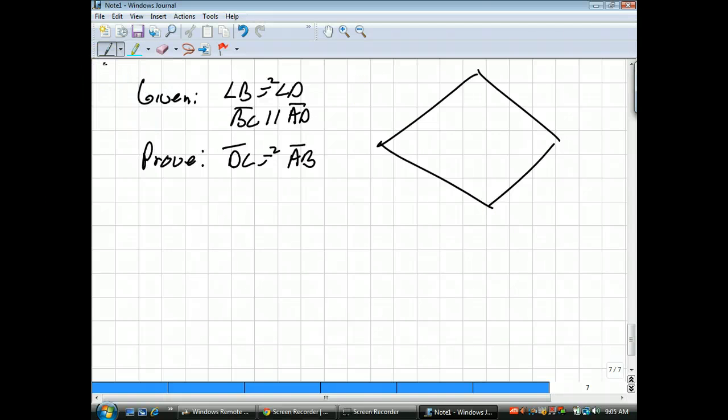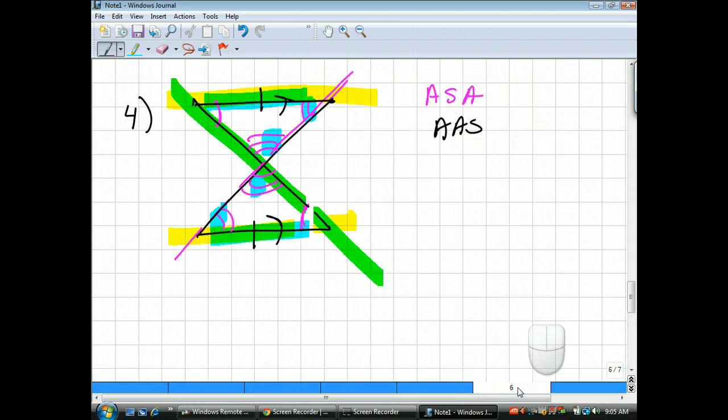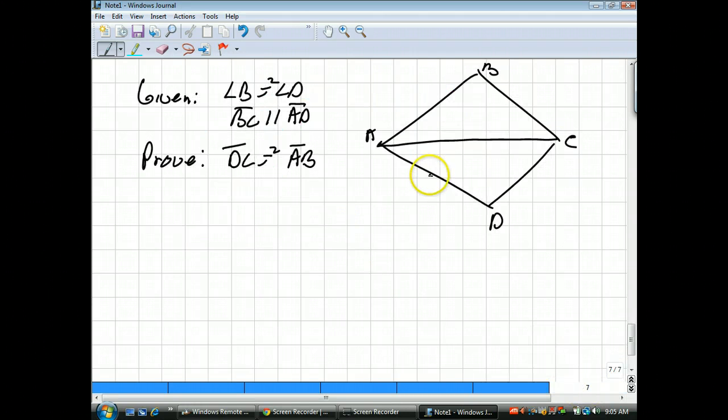This is A, B, C, D, and I have segment AC, and I know that this is parallel to this.